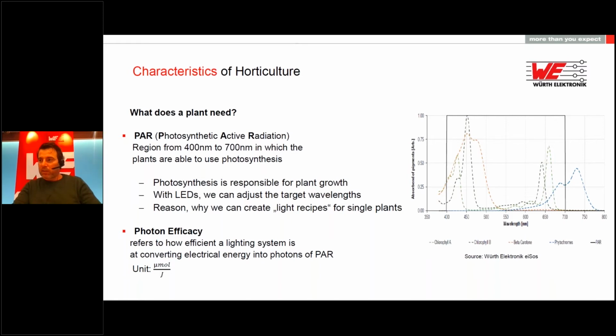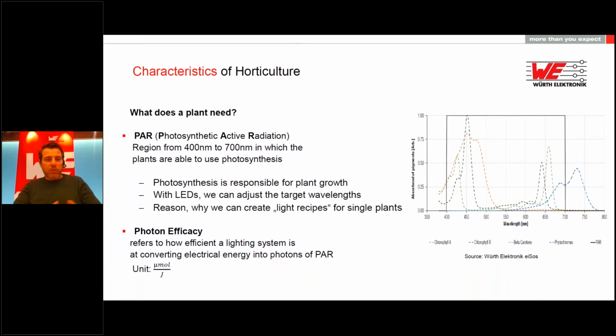As you can see, in the region between 400 and 700, we have a few dominant wavelengths, like 450 nanometer up to 500 nanometer, and then from 650 up to 750 nanometer, we have other molecules that absorb the light. So this is basically the PAR, or photosynthetically active radiation region.